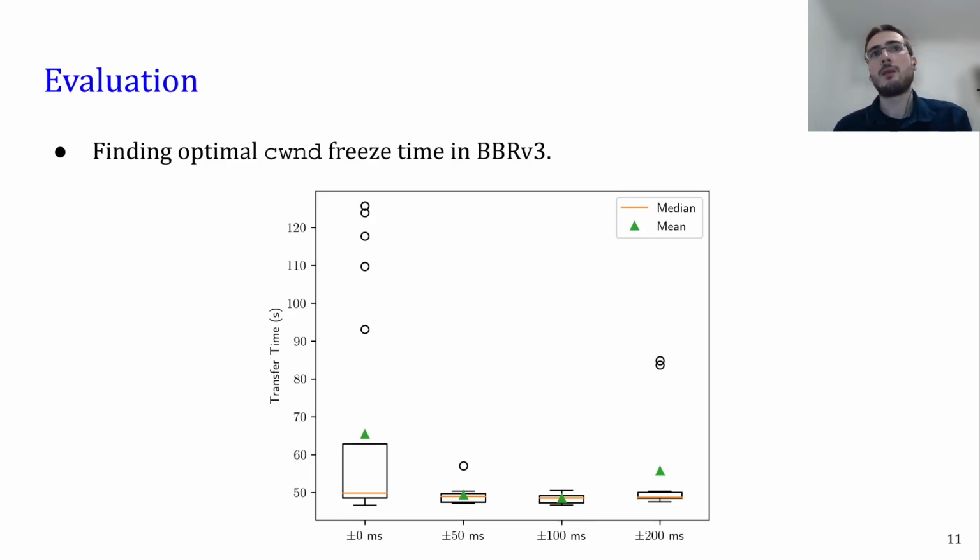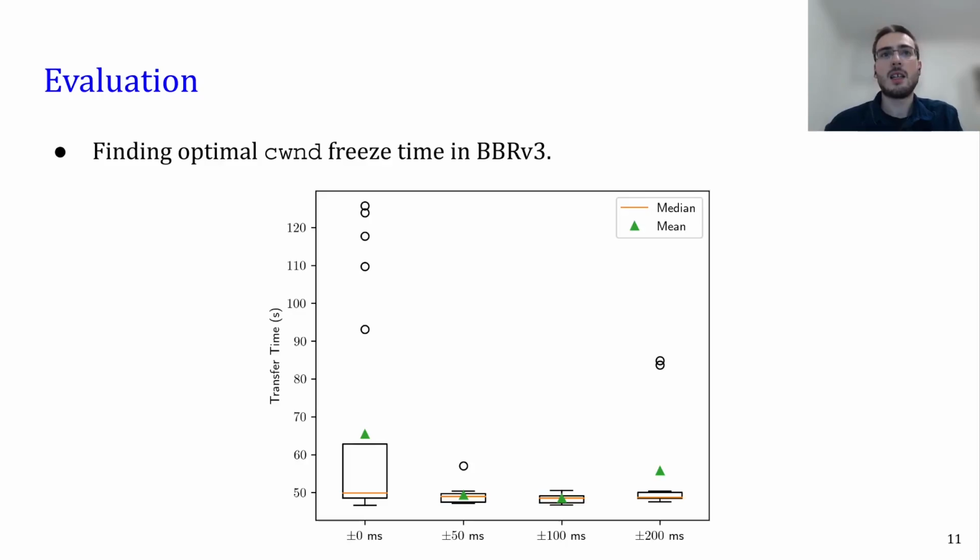First, we have to find an optimal congestion window freeze time. We do this in BBR version 3. In this experiment, we're transferring a large file from a server running our modified congestion control algorithm to a client.